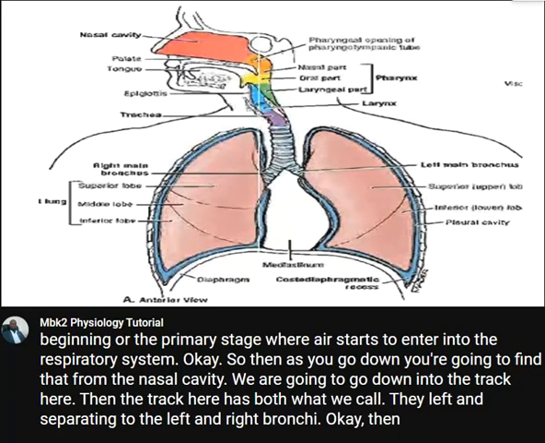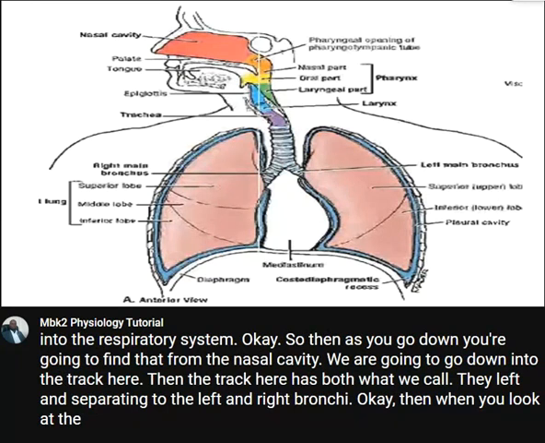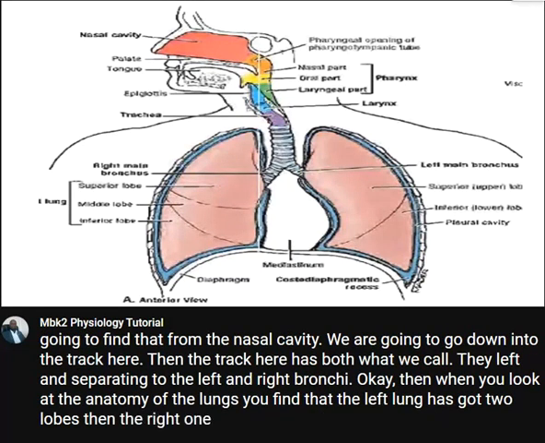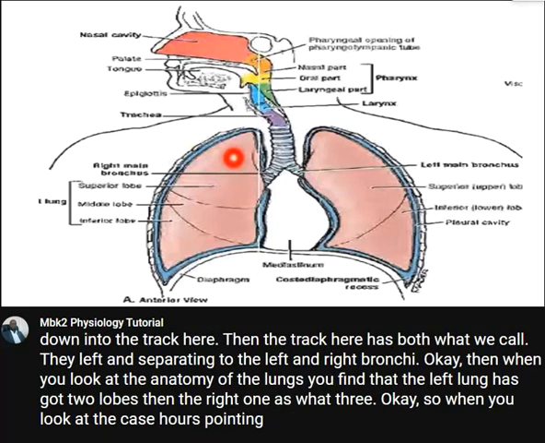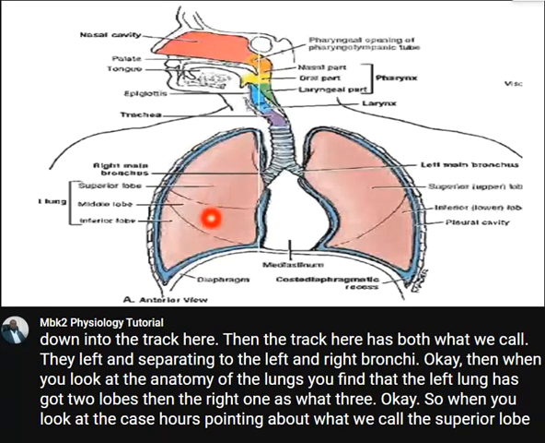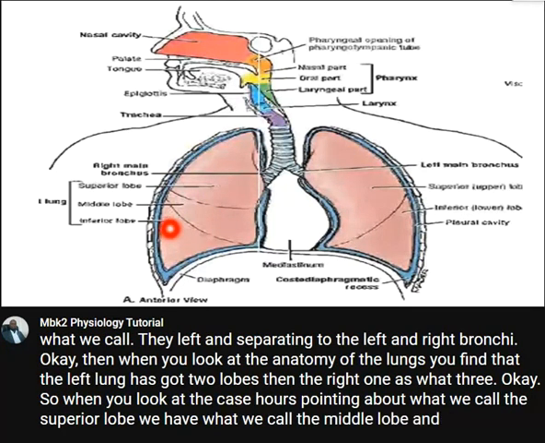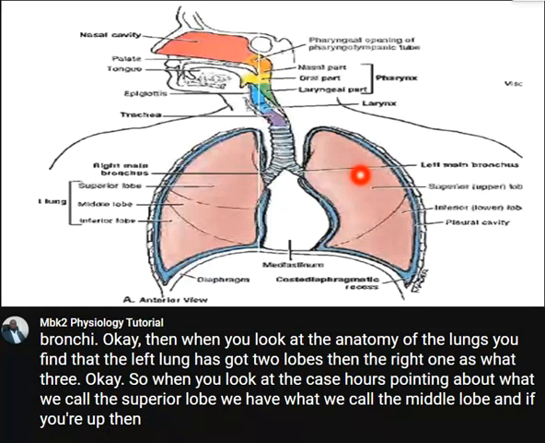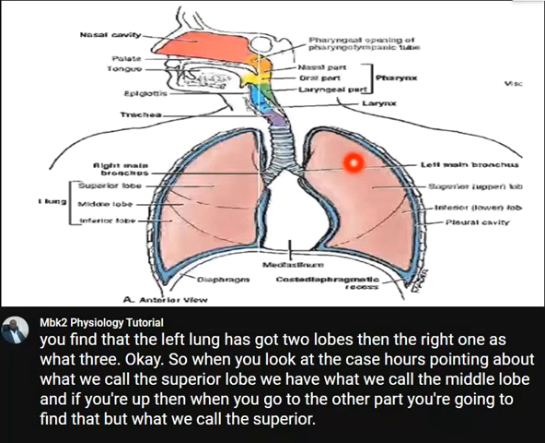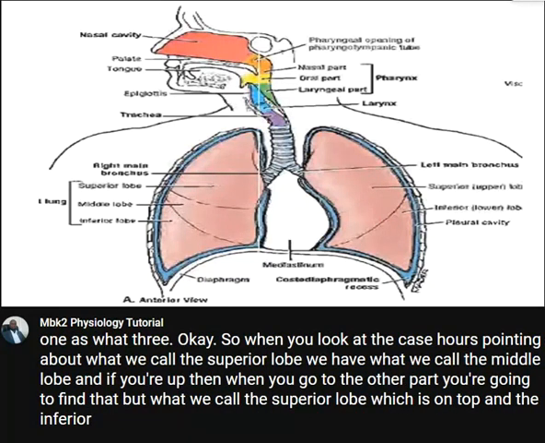When you look at the anatomy of the lung, you'll find that the left lung has two lobes, and the right one has three. On the right, we have the superior lobe, the middle lobe and the inferior lobe. On the other side, we have the superior lobe, which is on top, and the inferior lobe. So you need to understand how these parts function.